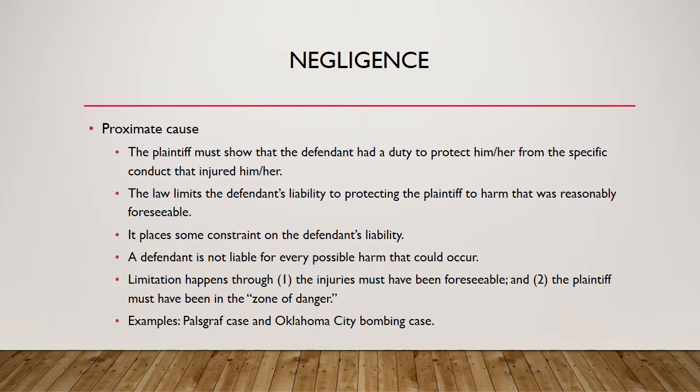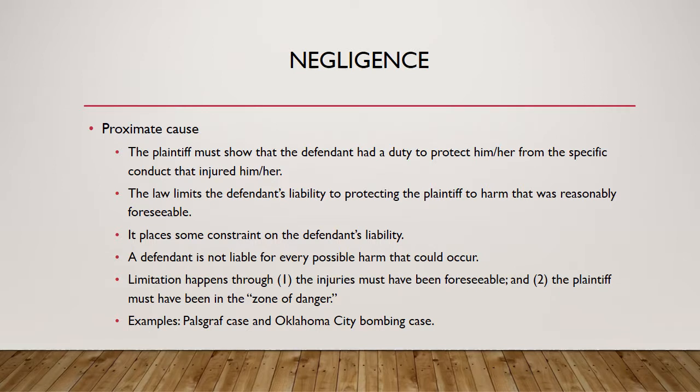This is very well demonstrated through the Palsgraf case. The Palsgraf case is a very important case in legal theory on proximate cause, and it's the case that's studied probably in every tort class across the country in law school. Proximate cause in that case was defined by the concept of a zone of danger.